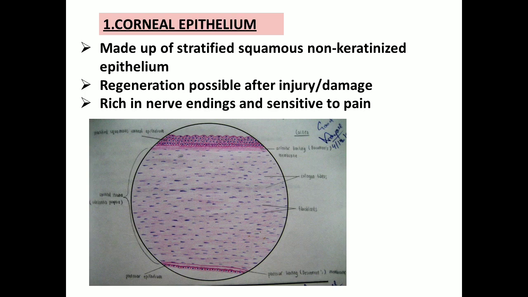This layer is rich in nerve endings and sensitive to pain. These are some specific features of corneal epithelium. Remember, cornea is avascular; we are supposed to remember that. The regeneration is possible in case of damage or injury.